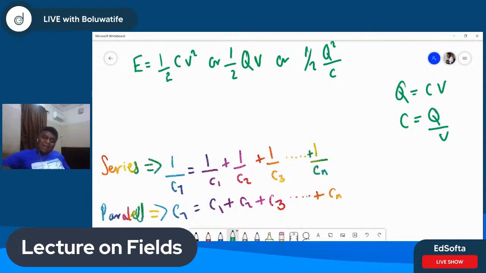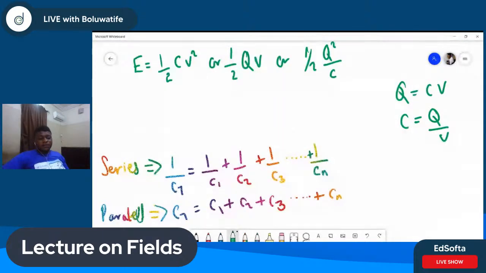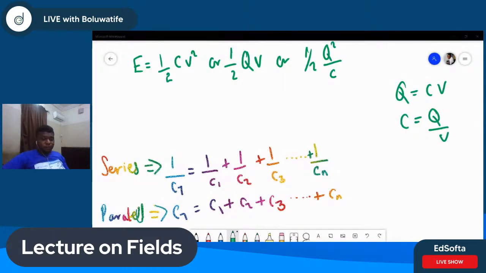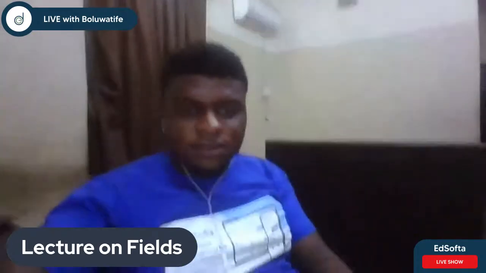So calculating capacitance in series or in parallel is just the reverse of resistance.